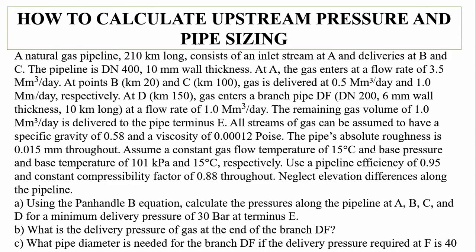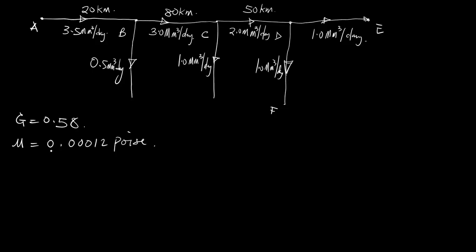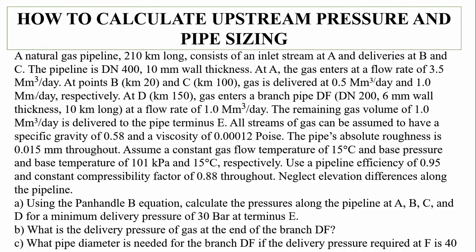The pipe absolute roughness is 0.015 millimeter throughout the system.